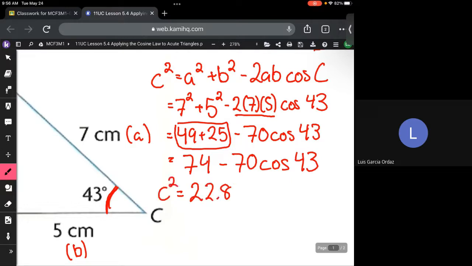But remember, guys, what do we have on the left side? Is my c still squared? Yeah. So how do I get rid of that squared? Square root. So what's the square root of whatever answer you got?